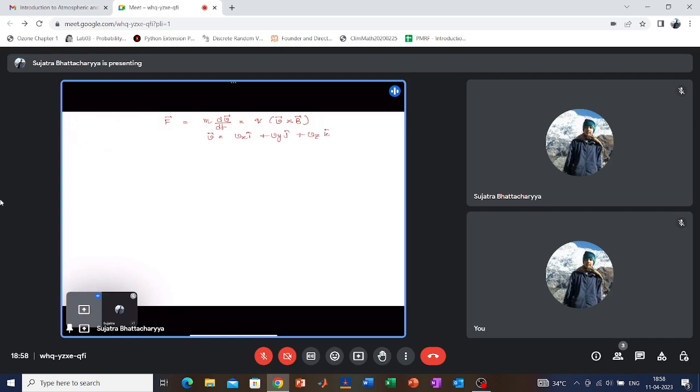Now we define two things: the perpendicular velocity and the parallel velocity. These are the perpendicular velocity, which we call V perpendicular, but this is V parallel. Why is Vz V parallel? Because it is parallel to the magnetic field, while the others are perpendicular. This is just to show the expression.